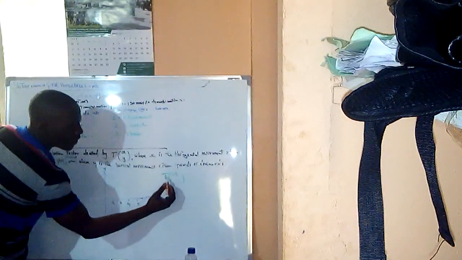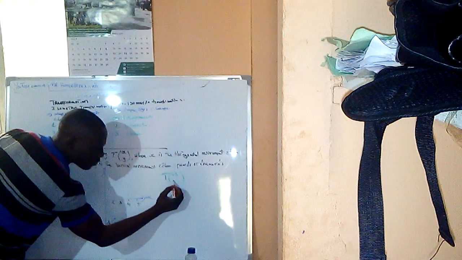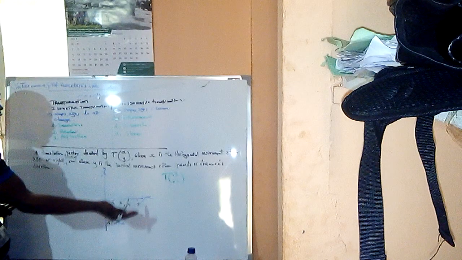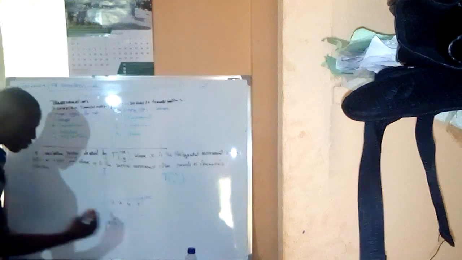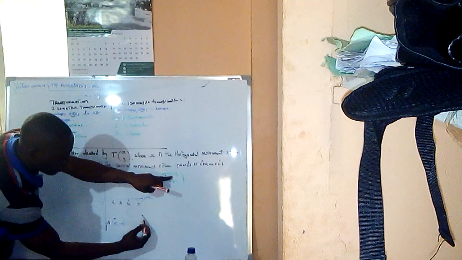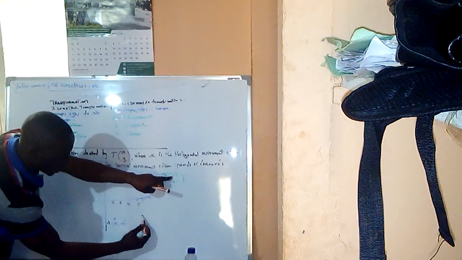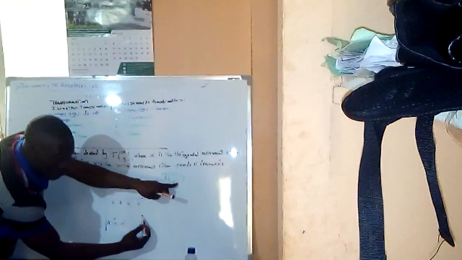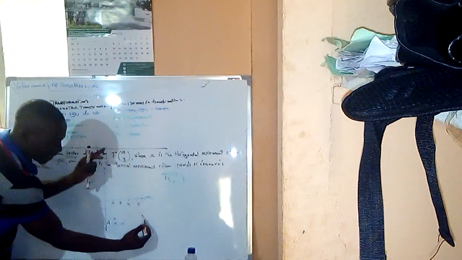From there, you move vertically. Upward or downward? Upward, because it's positive. So there, we're going to move 1, 2, 3 to the positive side of the x-axis. After which, you move how many steps further? Sorry, 2 steps upwards, isn't it?